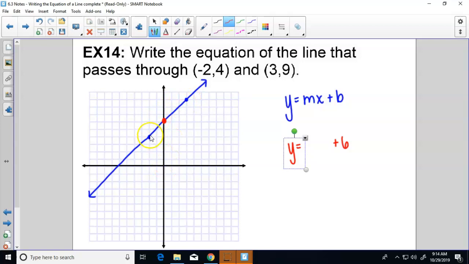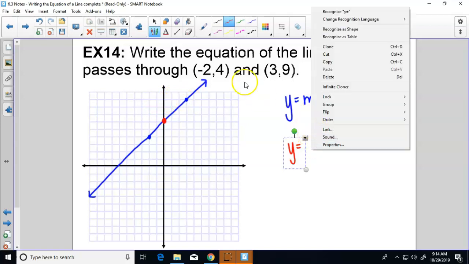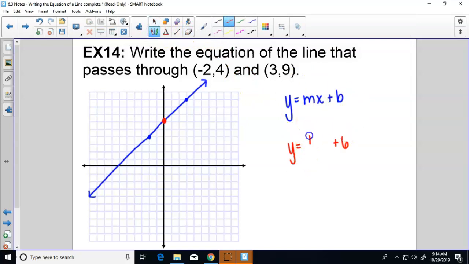Or if you need to, you could go from the points that they gave you, 1, 2, 3, 4, 5 over 1, 2, 3, 4, 5. So 5 over 5 would also give us 1. So we would have a slope of 1. And we probably would not write that 1 there because it makes us look like we don't know what we're doing.